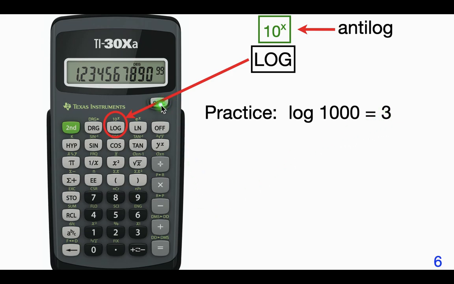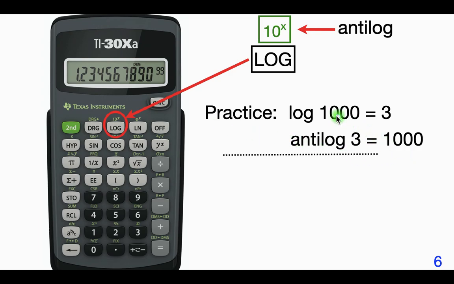If it wasn't that, you might hit the on button, the clear button, and try it again. The logarithm of 1000 is 3. And then if we were to take the anti-log of that, which would be the second function of the logarithm key, which activates the 10 to the x, you should get 1000 back. So make sure that you're able to do that.